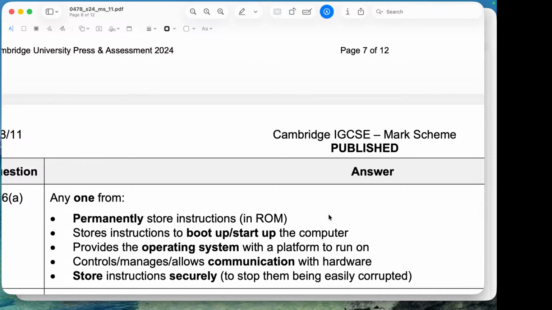And a lot of the time it will just say to the computer where the operating system is, and the operating system will then take over. So it provides the operating system with a platform to run on, controls, and that's more for embedded systems. So the third one provides operating system with a platform to run on, controls and manages or allows communication with hardware, stores instructions securely to stop them being easily corrupted.